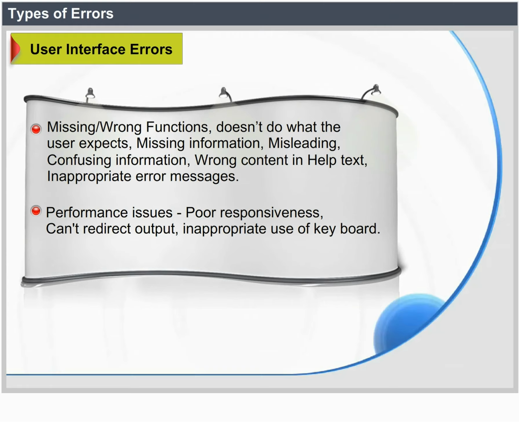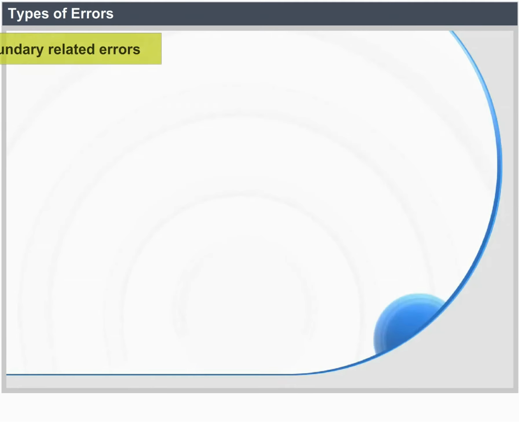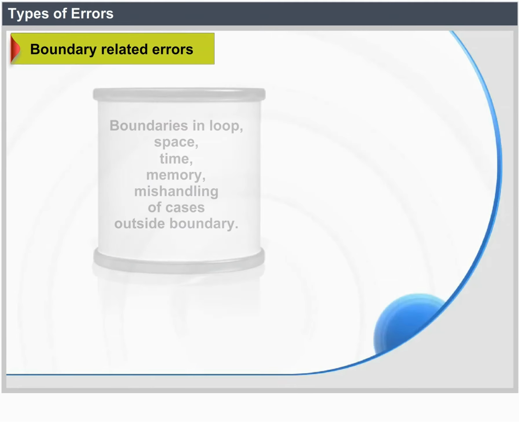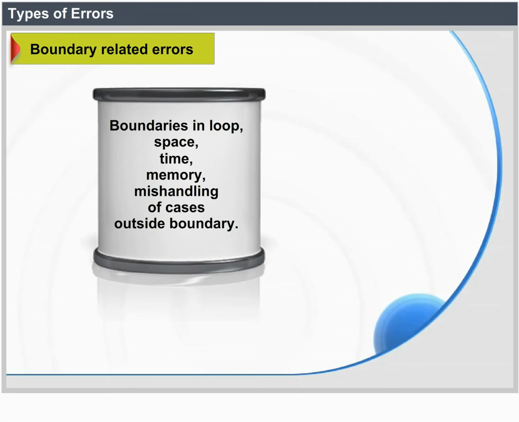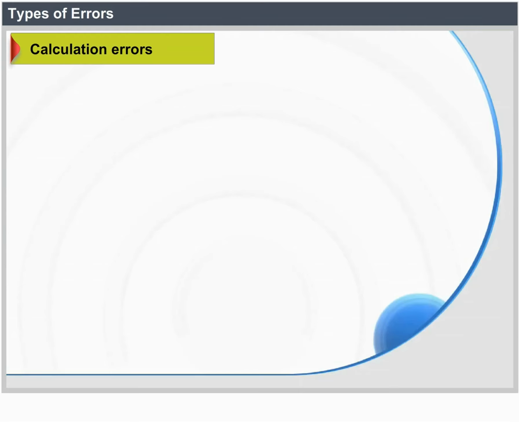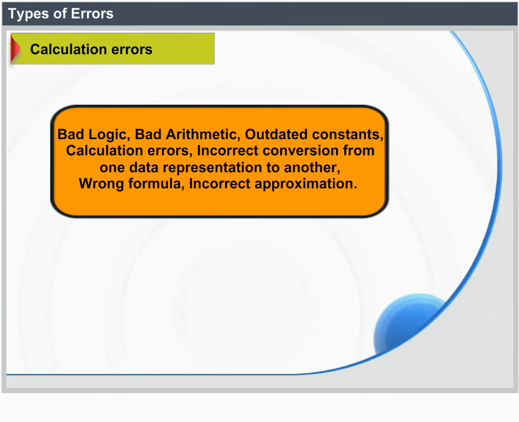Boundary-related errors: boundaries in loop, space, time, memory, mishandling of cases outside boundary. Calculation errors: bad logic, bad arithmetic, outdated constants, incorrect conversion from one data representation to another, wrong formula, incorrect approximation.